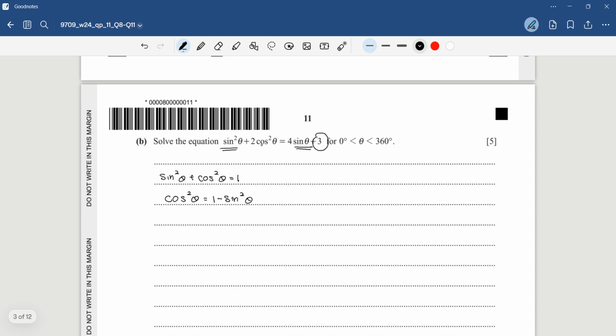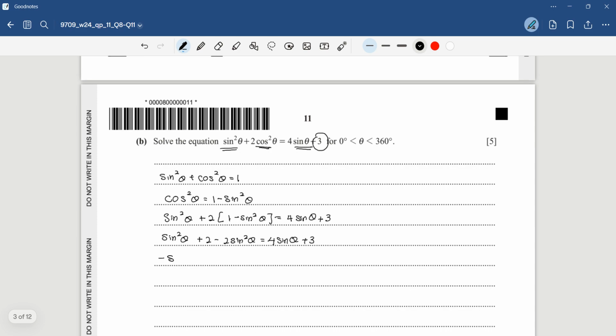We substitute 1 minus sine square. So it's going to be sine square theta plus 2 times 1 minus sine square theta equals 4 sine theta plus 3. So sine square theta plus 2 minus 2 sine square theta equals 4 sine theta plus 3.